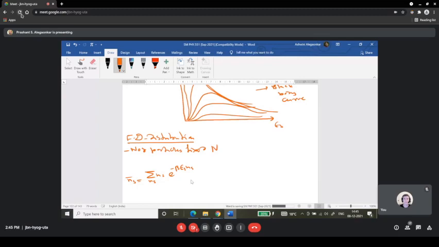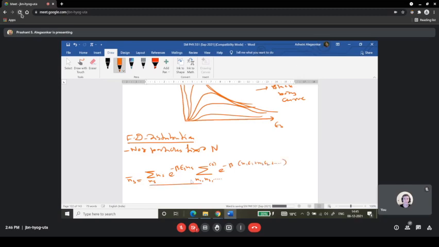Since we are going to restrict our particles, there will be another term coming over here, n1, n2 and so on up to s, because we fixed it, and then e raised to minus beta n1 epsilon 1 plus n2 epsilon 2 and so on.